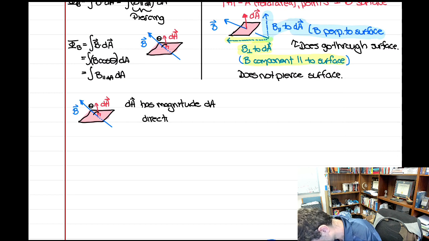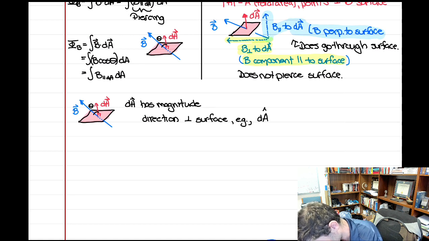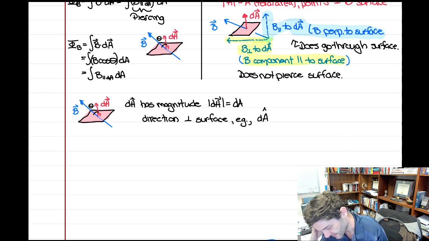And direction: we say it's perpendicular to the surface, which sometimes we use lowercase n to specify as that unit vector. The notation I've been using is dA, so it might be dA unit vector. And here the magnitude of the vector equals just dA, and then this unit vector gives you the direction.